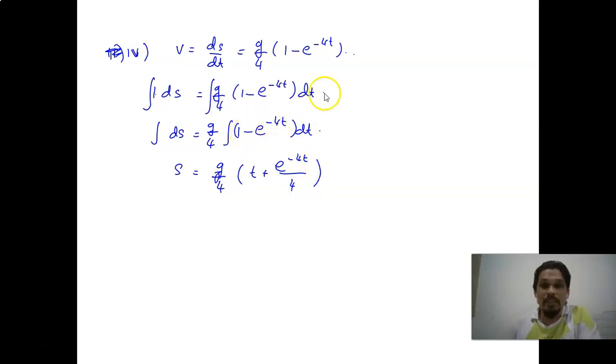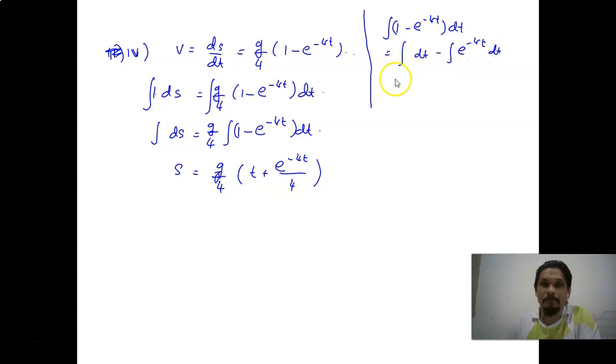This one here is just like the integral of 1 minus e power of negative 4t dt, equals the integral of 1 dt minus the integral of e power of negative 4t dt. Integral of 1 dt equals t, minus e power of negative 4t divided by the derivative of negative 4t, negative 4, plus c.